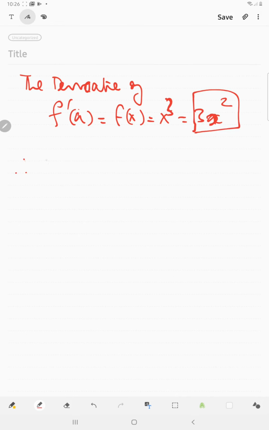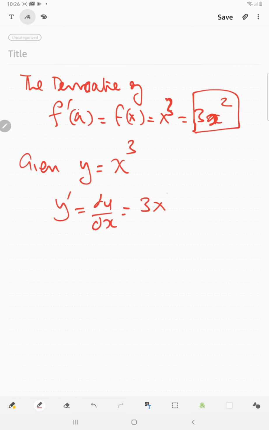Therefore, we can now have a general equation to say that given y equal to x to the power 3, then y prime, the same as dy/dx, is the same as 3x to the power 2.